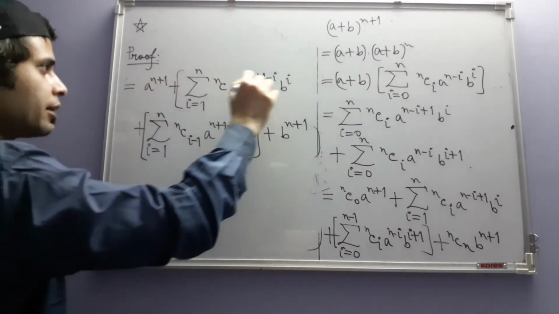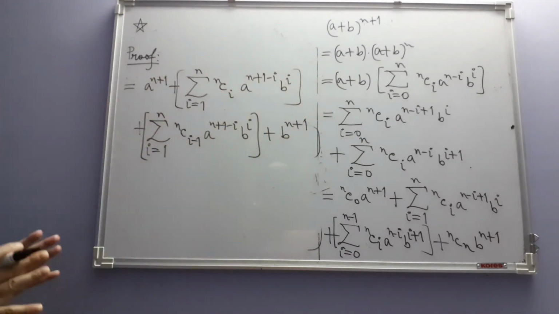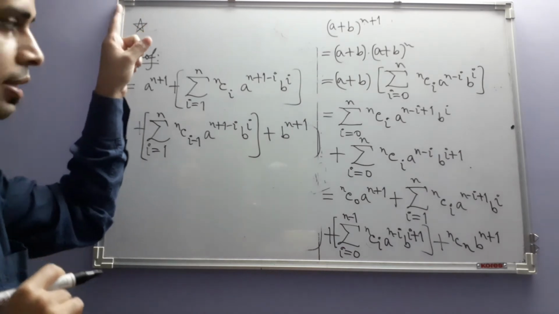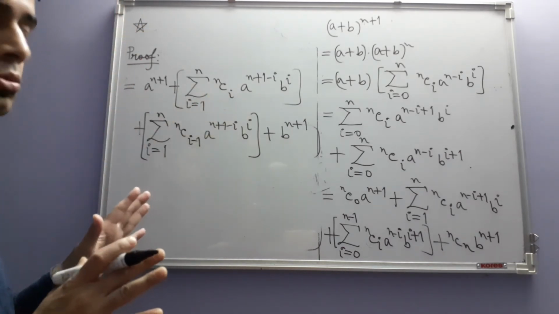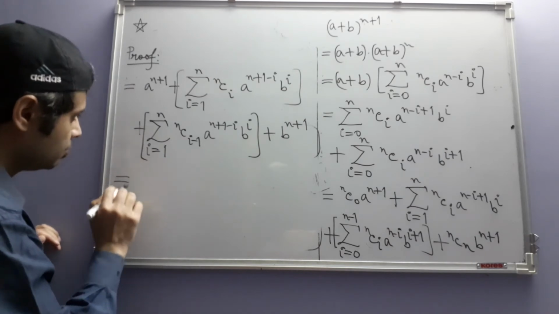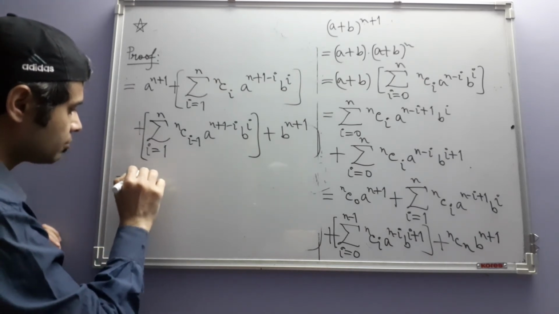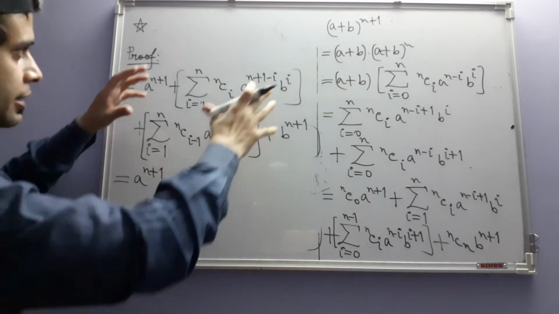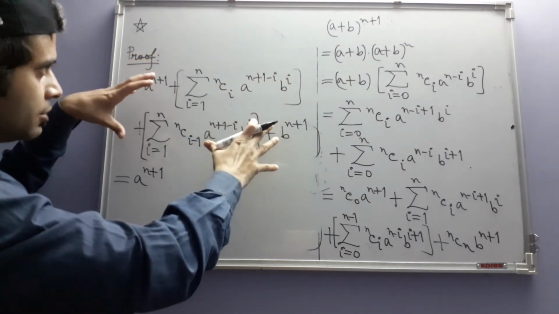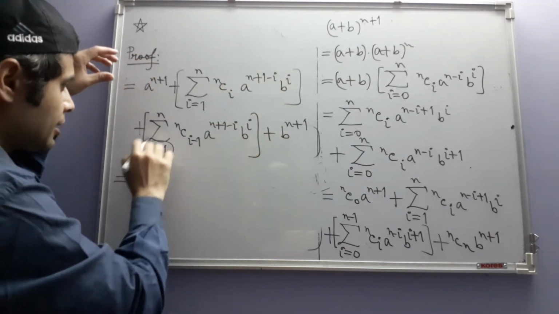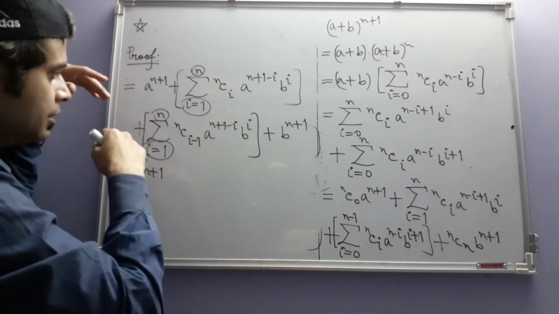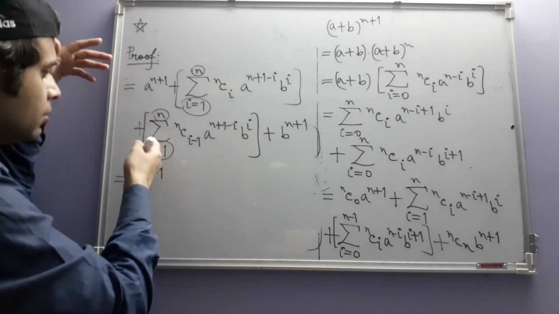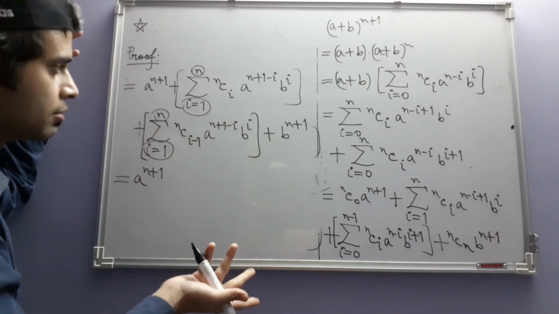Now this is where the formula that we have proved previously that involved these NCIs will now be used. You see, it's a sum of two sums where the indices are the same. Their variations are the same. They are changing from 1 to n, right?